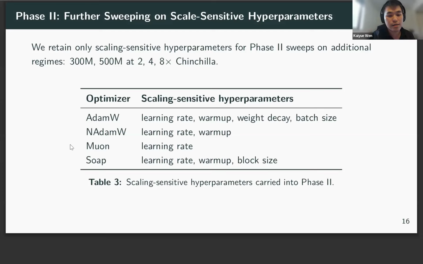For mu, it is very stable, and only the learning rate of mu is a scale sensitive hyperparameter. But for Adam, a lot of hyperparameters can affect the performance by a lot. For example, it's very critical to set the batch size correctly for Adam. But for mu, changing the batch size, for example by 2x, has a small effect on the actual performance.